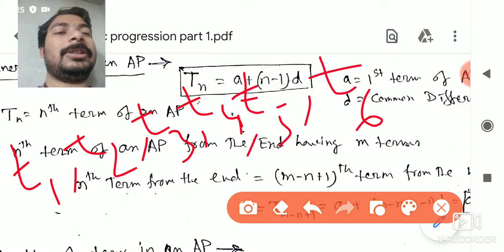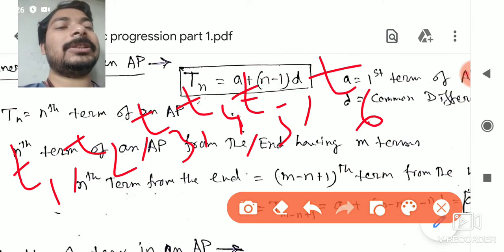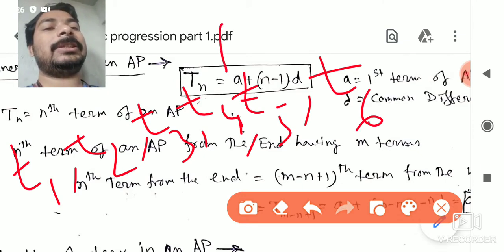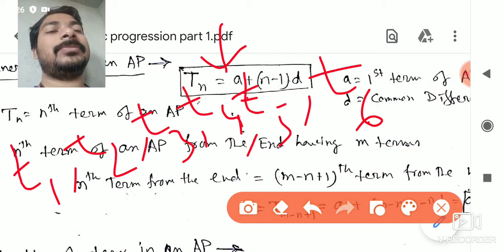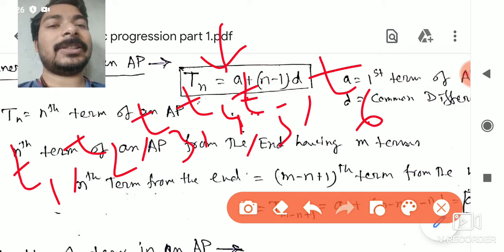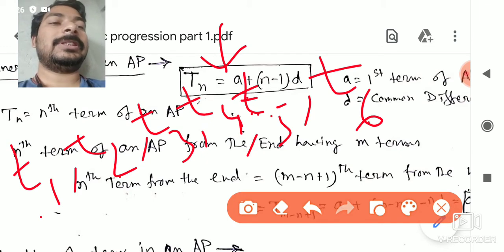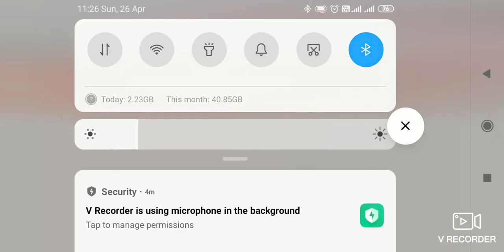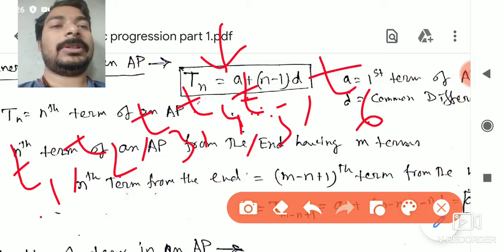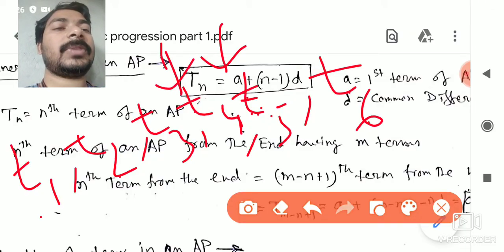Suppose 6 terms are there in the AP. What is the second term from the end? Obviously T5. Look, T6 and T5. It is the second term from the end, but from the beginning it is the fifth term. What is the third term from the end? That is T6, T5, T4. It is the third term from the end, T4, and it is actually the fourth term from the beginning.